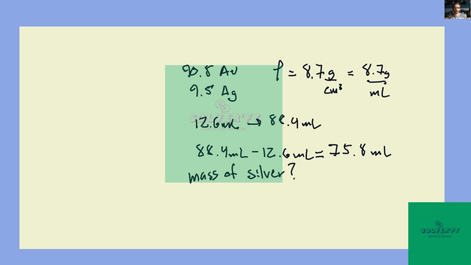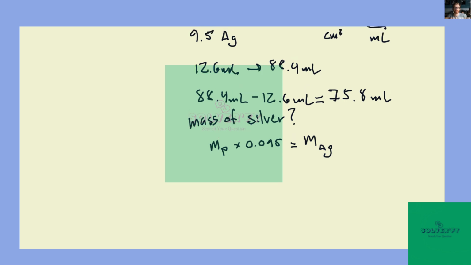Whatever the total mass of the pendant, I'll call it M_P for pendant, times 0.095, that's equivalent to 9.5%, is going to equal the mass of silver, which is what we're after.